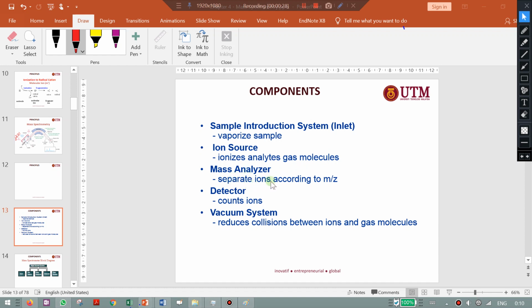Remember, in the column we already spread according to compound. When the compound reaches the ion source, it ionizes into the radical cation, which forms fragmented ions. The fragmented ions and molecular ions separate according to m/z ratio at the mass analyzer. Then the detector counts the ions. At the end, the vacuum system reduces collisions between ions and gas molecules. Those are the components.